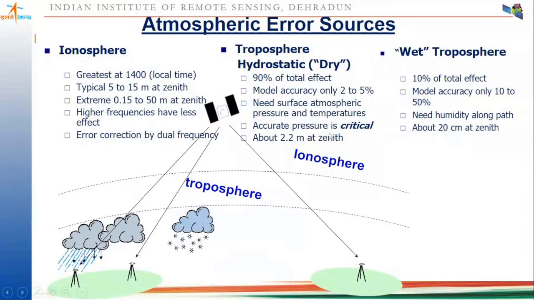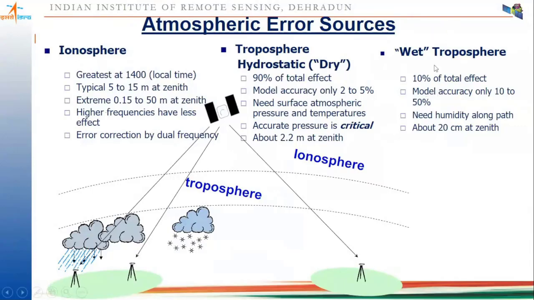Accurate pressure is critical to determine the precise hydrostatic delay. Over the zenith, it is around 2.2 meters. So this much delay is because of the dry or hydrostatic delay.